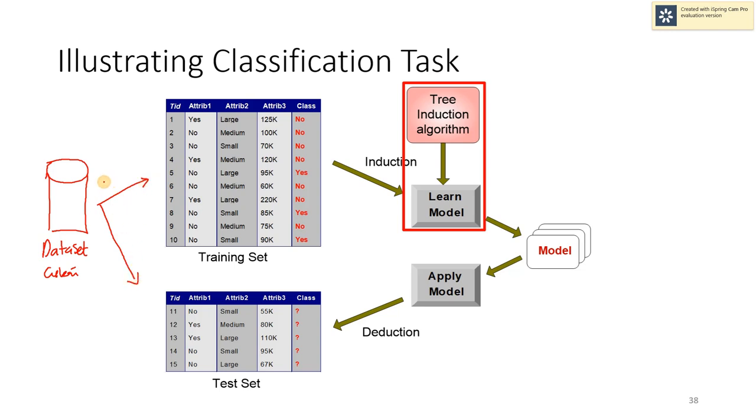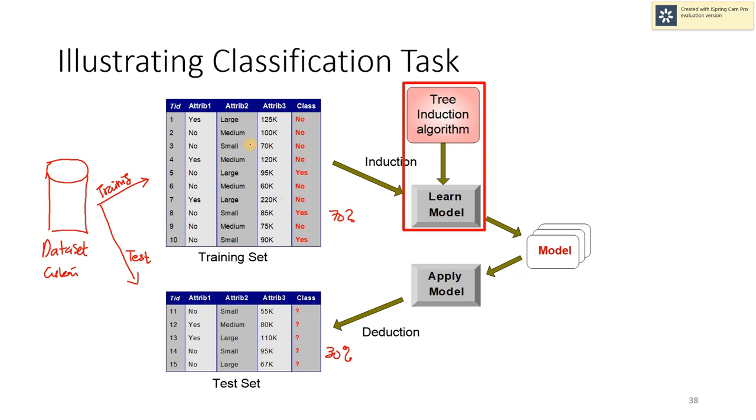One would be the training set, and the second one is the testing set. Usually we use about 70% of your data as the training set, and 30% of your data set will be stored in the test set.